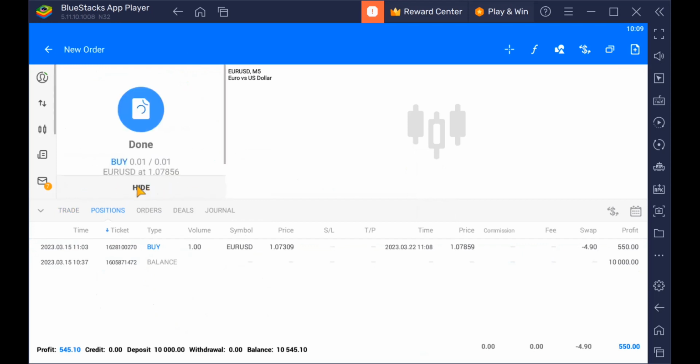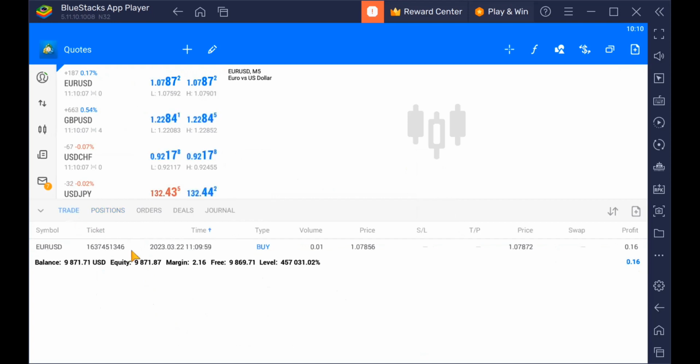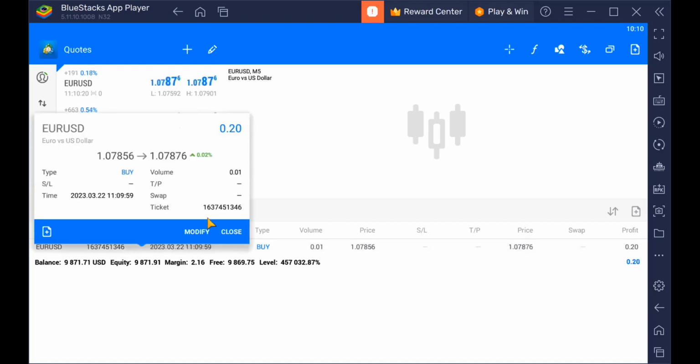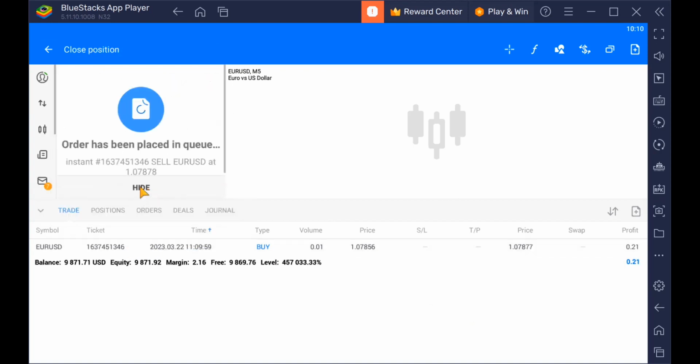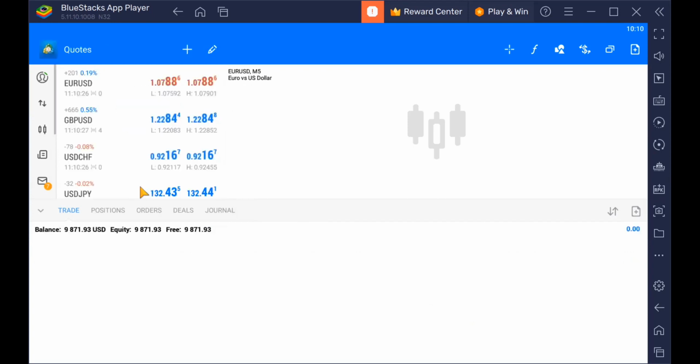Then when the trade has gotten to a point where you are okay with your profits, or you want to just take the loss to prevent further loss, or you want to close the profit so that you will not lose it at the end of the day, you just tap on it, then that will close. This is market order. Okay, let's go back to the slide.